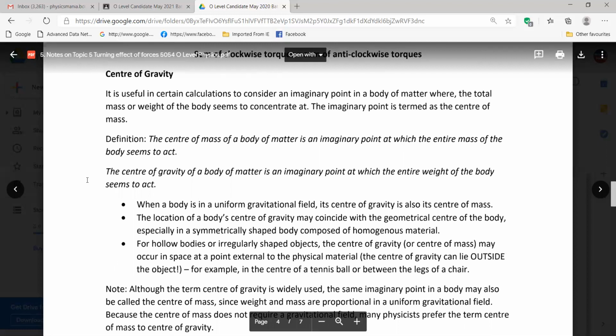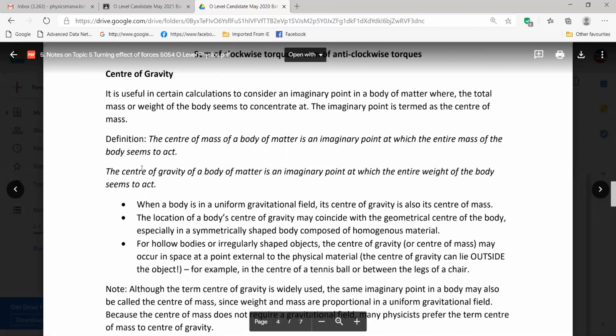There is a place in every object, according to their shape and according to their weight, where that weight or that mass is concentrated at a small point, right? Yes. A small point on the object. That point is called center of gravity.